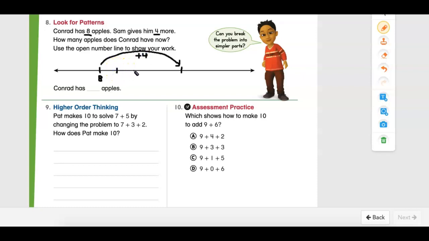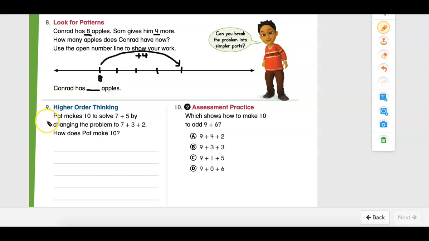So 1, 2, 3, 4. So if we began at 8 and we jump 4 spaces, how many apples do we have now? So 8 plus 4. What is 8 plus 4? You are going to write that number in the blank below. So we are solving for 8 plus 4, and we're going to write that number in the blank.